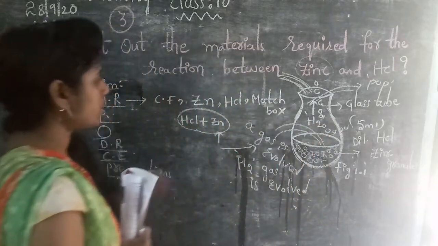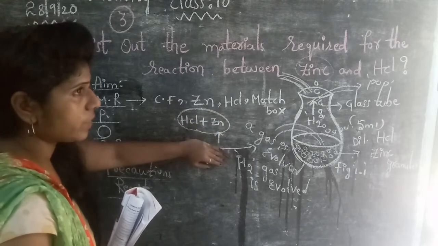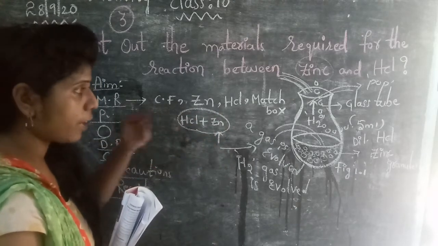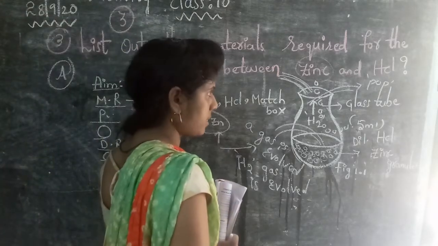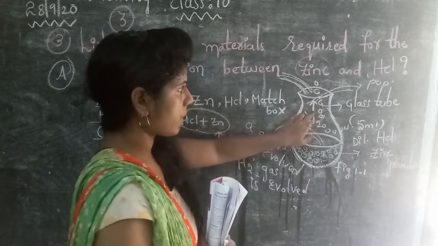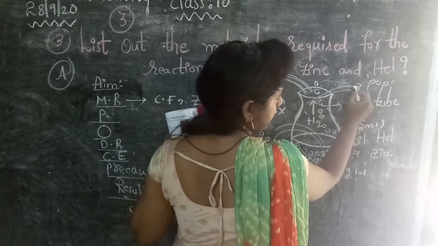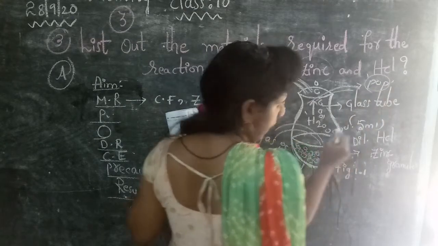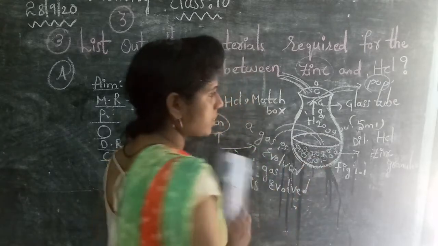When HCl reacts with the zinc granules, a gas is evolved, and we have to notice which gas, so that is the reason we do the test for gas. Now light a matchstick near the mouth of this conical flask, and we will get a pop sound. By that sound we can notice that hydrogen gas is evolved during this chemical reaction. Is it clear everyone?